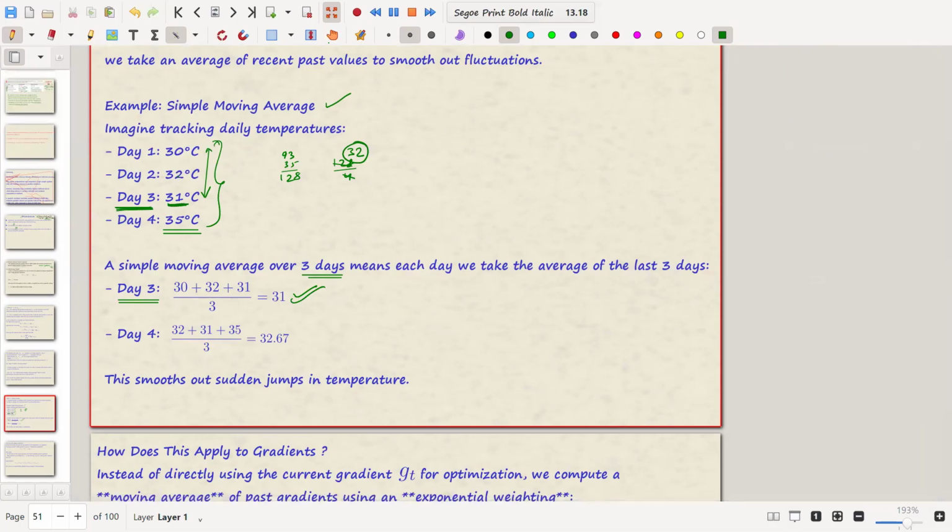If you want to compute day 4, take all the data before you, but you have to take 3 data points. So if it is day 4, you are taking the previous days: day 4 you took, that is 1, day 3 you took, that is 2, day 2 you took, that is 3rd. So 32 plus 31 plus 35.